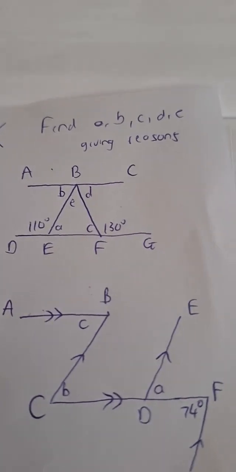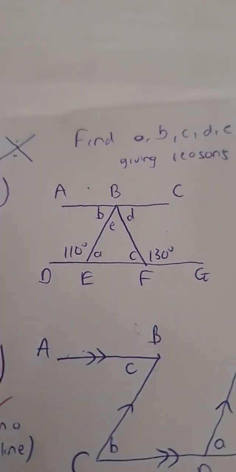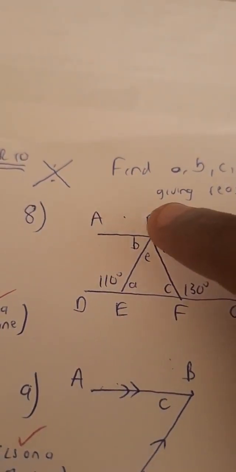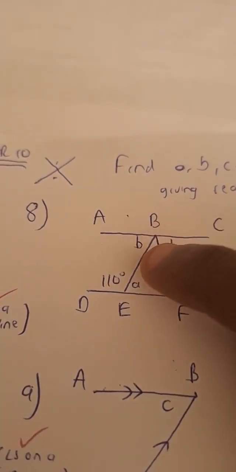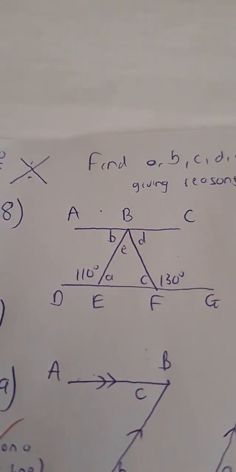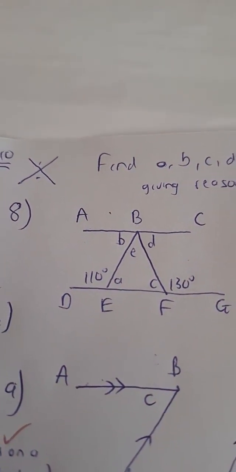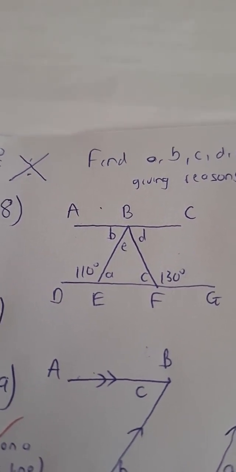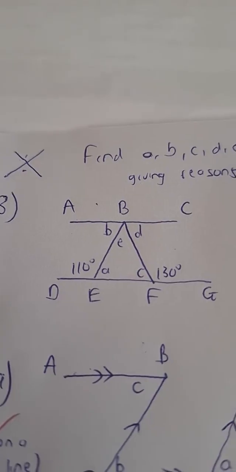Like, look at this diagram. Or do you guys feel like it's fine, it's complete? Anyways, you need to find A, you need to find B, you need to find C, you need to find D, you need to find E. All right? Is there anything that might perhaps be missing in this diagram?